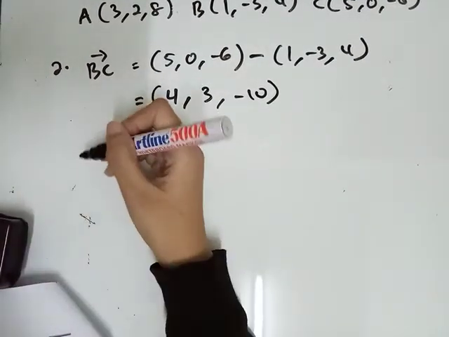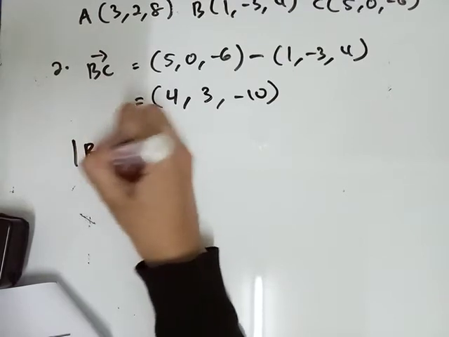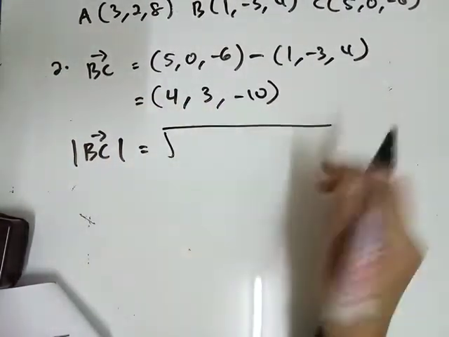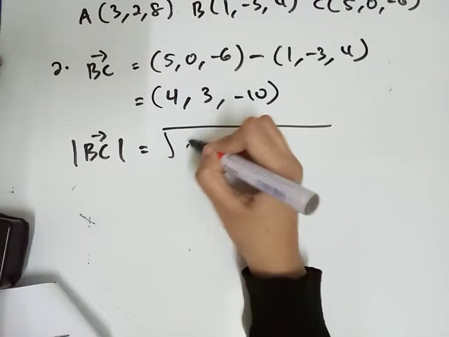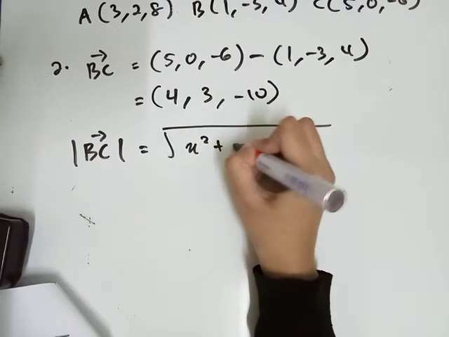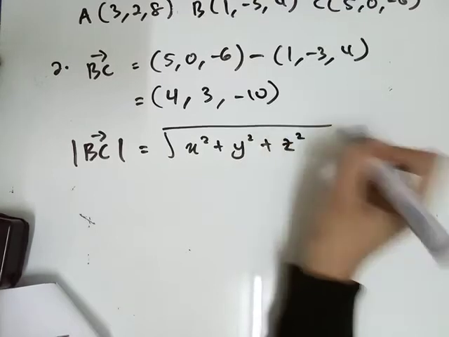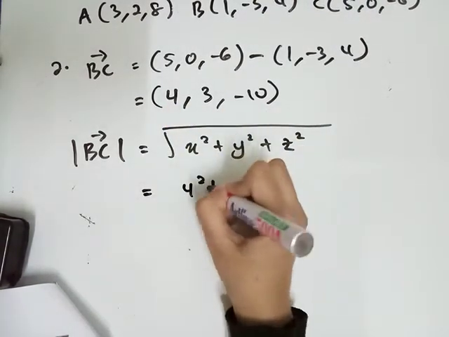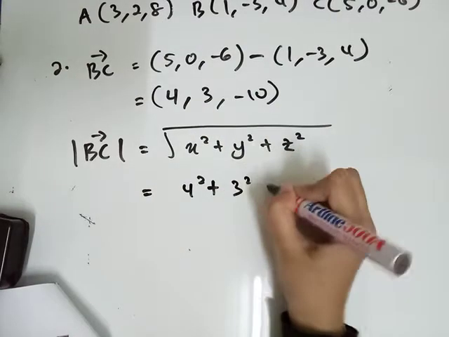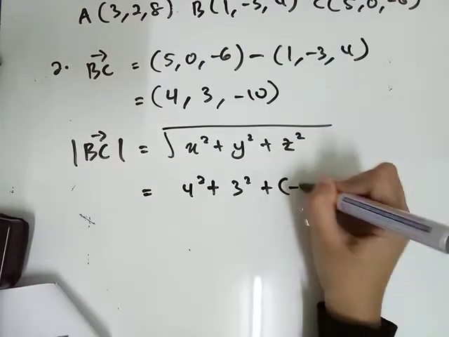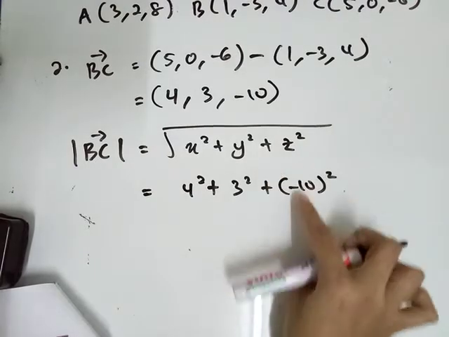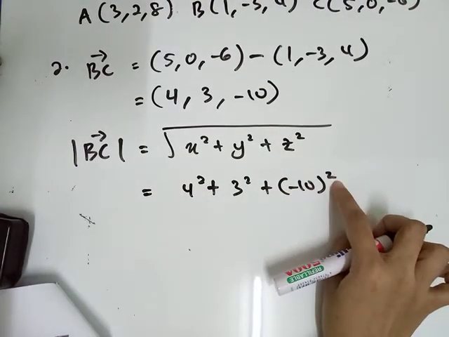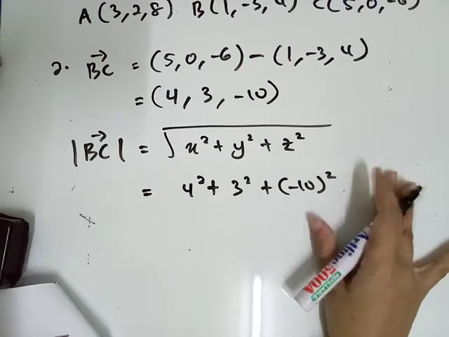So to find the length of BC, the formula is x squared plus y squared plus z squared. Substitute into the formula: 4 squared plus 3 squared plus negative 10 squared. Remember, any number with a negative value, when you square it, the answer is positive.